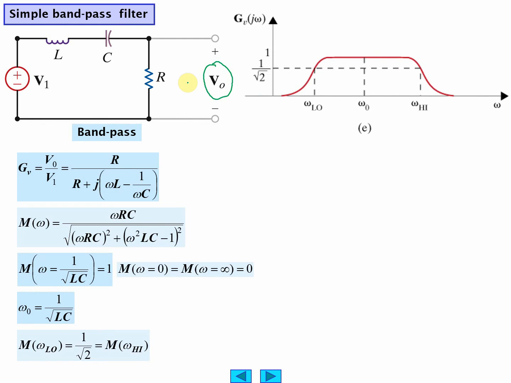And we can figure out what omega low is and omega high is, the half power bandwidth. And we have to go back a lot. It's a quadratic equation.